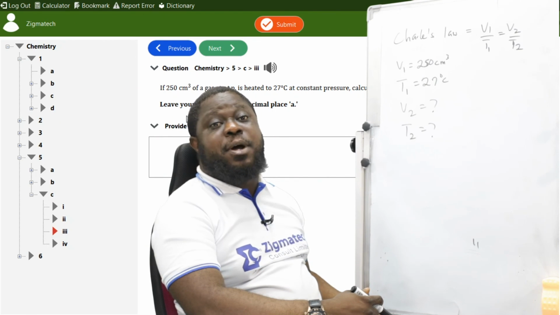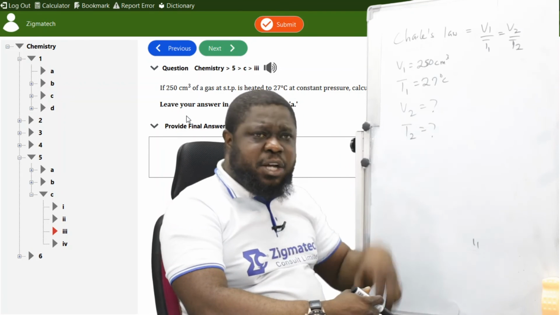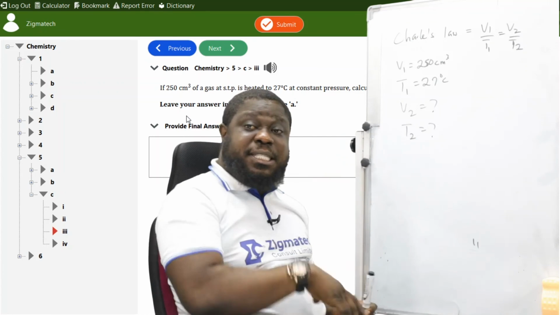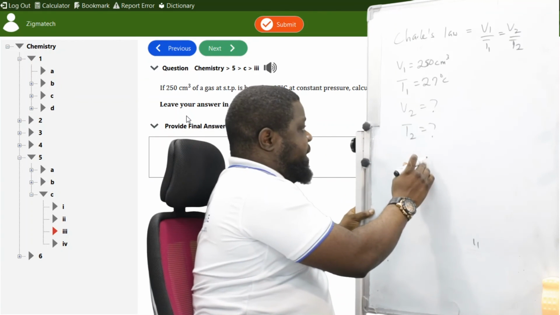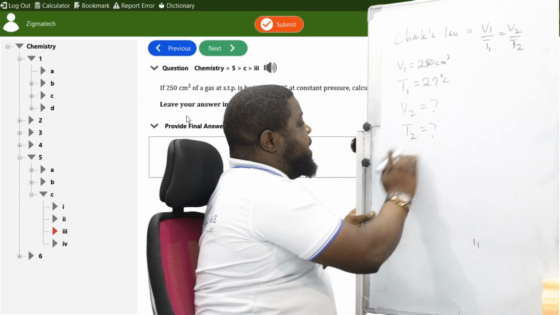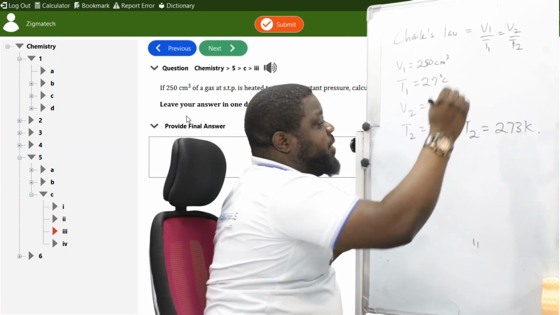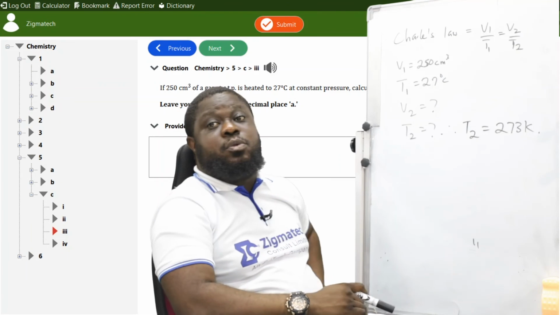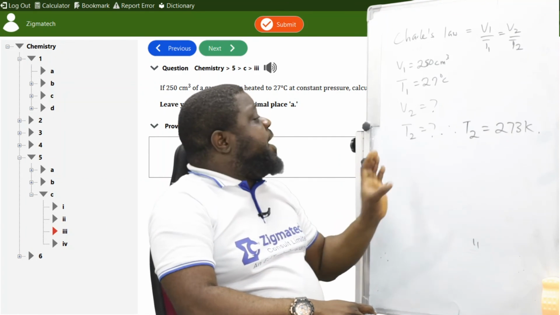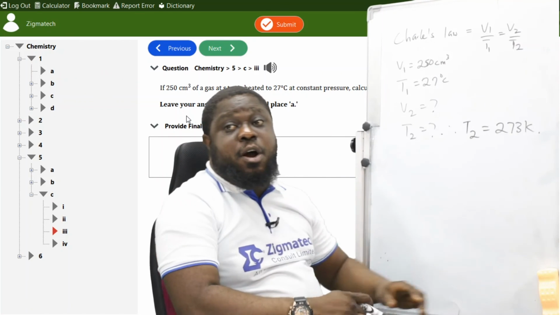As the pressure increases, the temperature increases, and that temperature is the second temperature. So the second temperature becomes the constant, which is 273. Therefore, our T2 will be 273 Kelvin. Like I told you, why? Because the second temperature is always a constant. So if they give you a question and there's no second temperature, 273 becomes the second temperature.